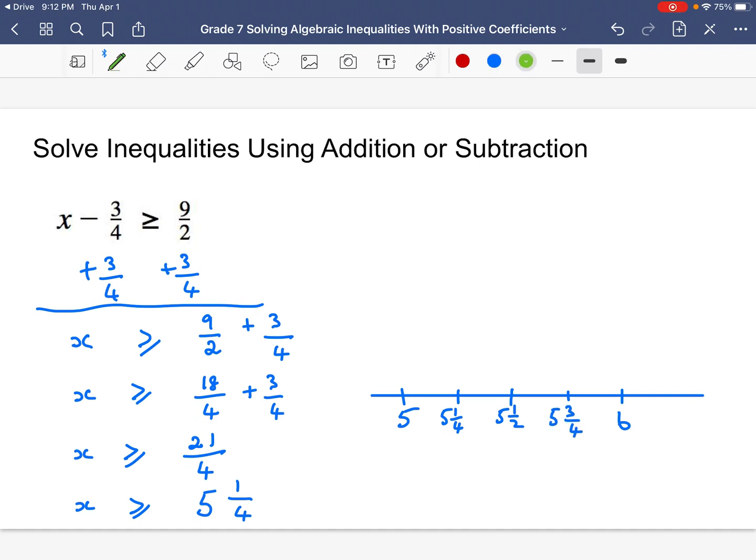And now I want to draw a circle on 5 1/4, and x is greater than this, so x is going to go along here like this. And one last thing I have to do now that I've graphed that is see, should my circle be open like it is, or should I fill it in?